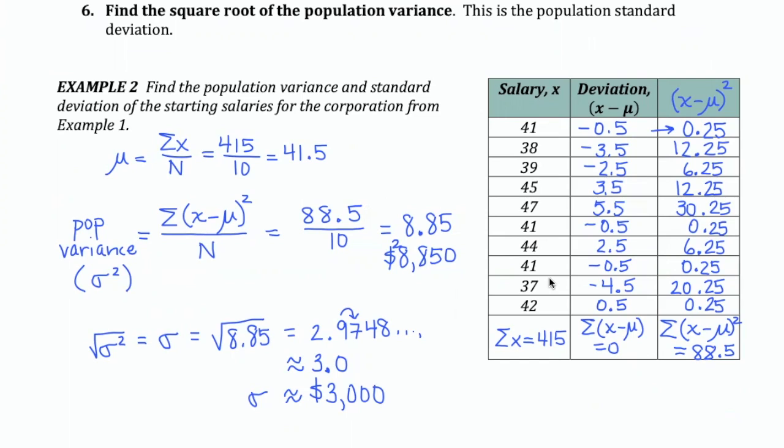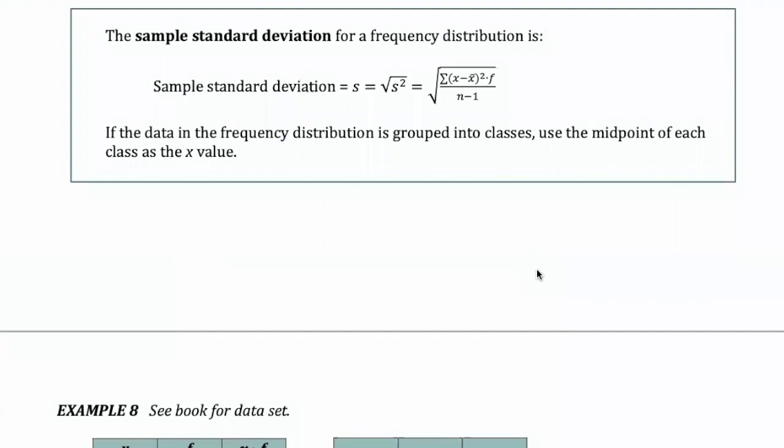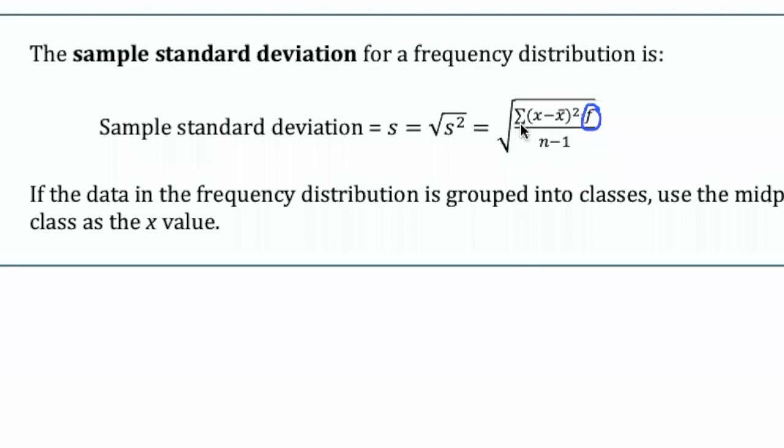We can shorten up our tables by writing a number that appears more than once only 1 time, and recording its frequency next to it. But this does change our sample standard deviation calculation. Before you add up the individual variances squared, you're going to multiply it by that frequency.